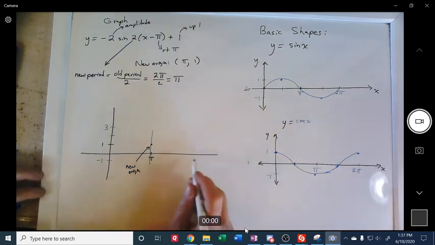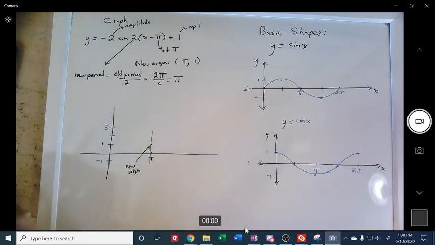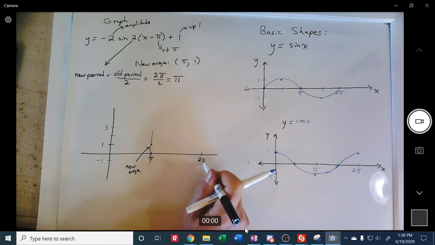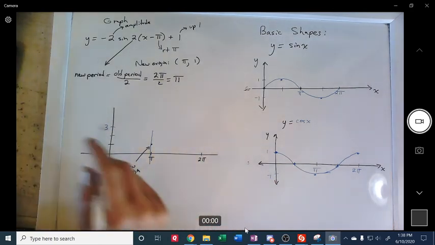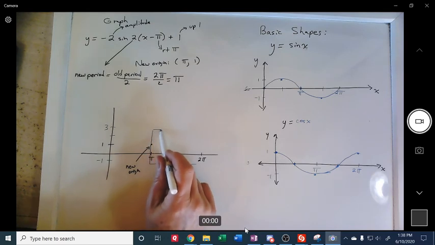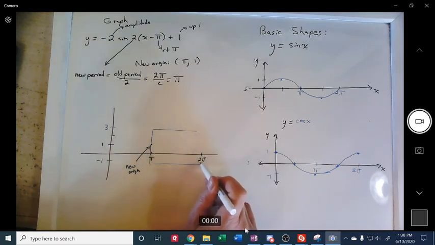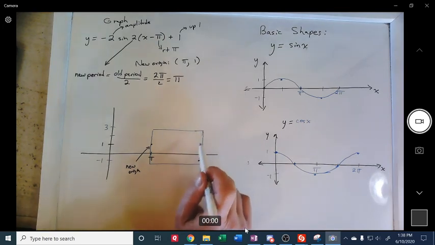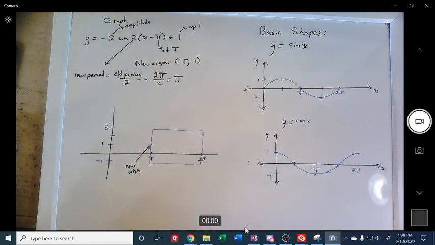And then we're going to go over 1 period. And I'm going to make this box so the entire graph will fit inside this box. And then I'm going to draw my curve.